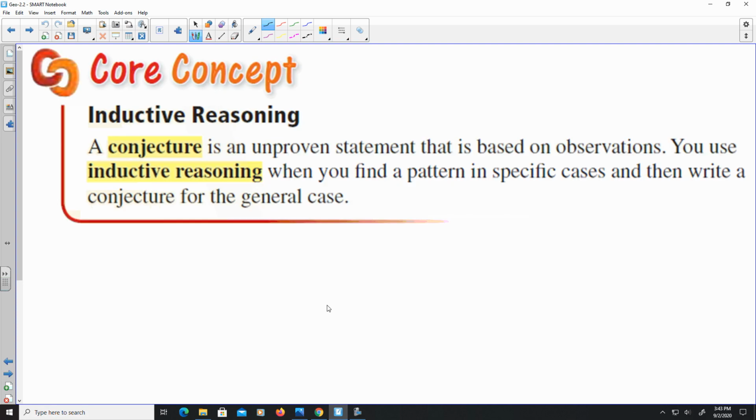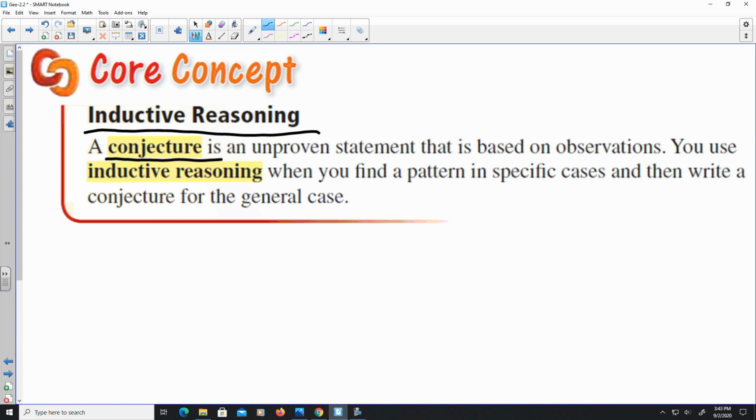In order for us to make a conclusion using inductive reasoning, we have to make a conjecture. A conjecture is an unproven statement based on observation. It's stuff that you see, past experiences and stuff like that.